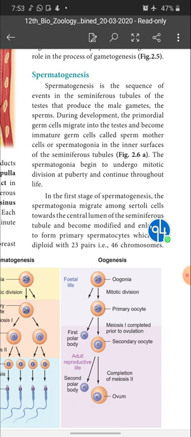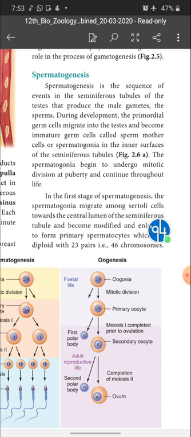Okay children, as per this paragraph, what they are trying to say is that spermatogenesis is a sequence of events. It takes place in the seminiferous tubules of the testis and produces the male gametes called sperm. How are the sperms produced, from which cell acting as a sperm mother cell?